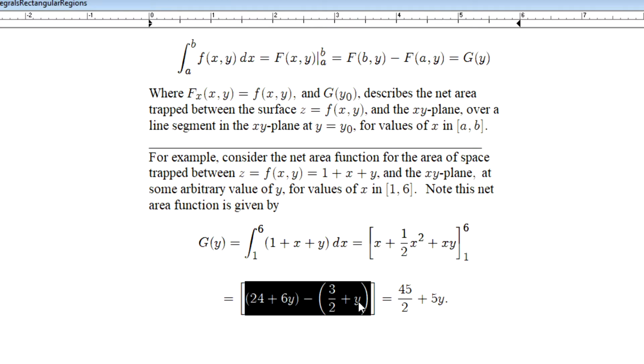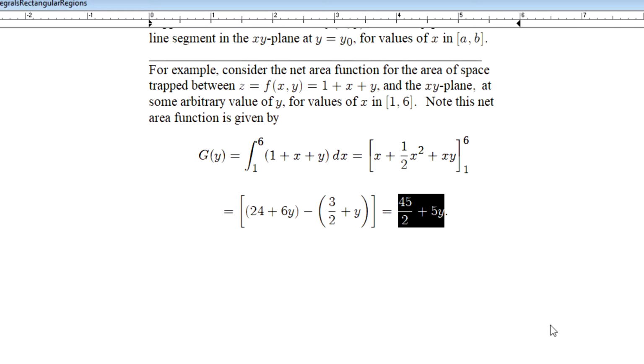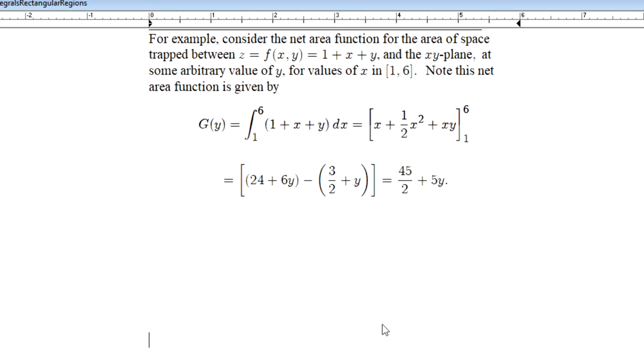So if I then take the difference of those two quantities, it simplifies to this linear argument, 45/2 plus 5 times y. And what 45/2 plus 5 times y describes, we'll take note, bring this into view.